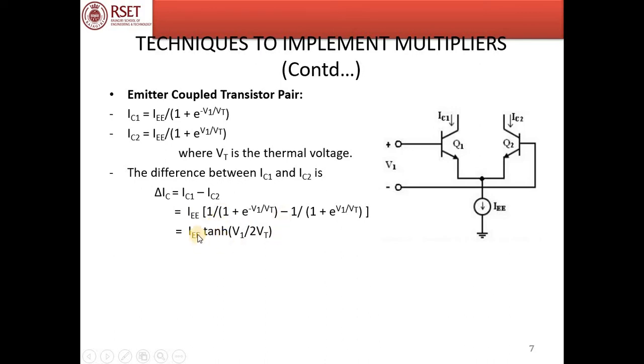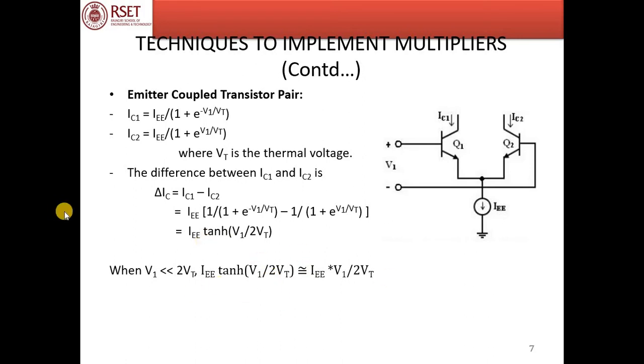Another property of tanh of x is that when the x value is very small, tanh of x can be approximated to x. That is, tanh of x can be expanded as x plus x cube by 2 factorial plus etc. So when x is very small, tanh of x is approximately equal to x. We are using that property here.